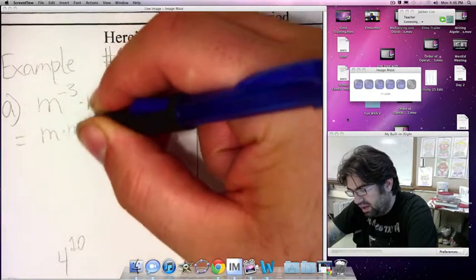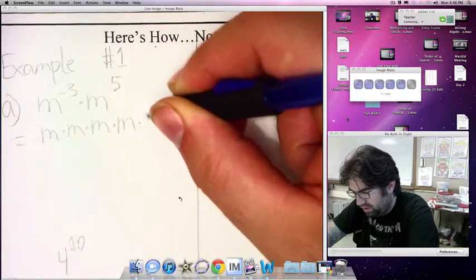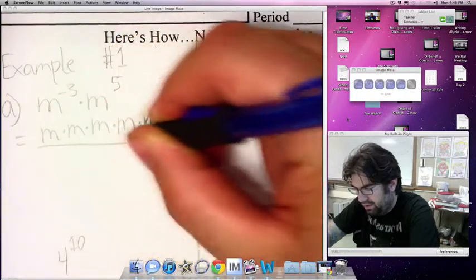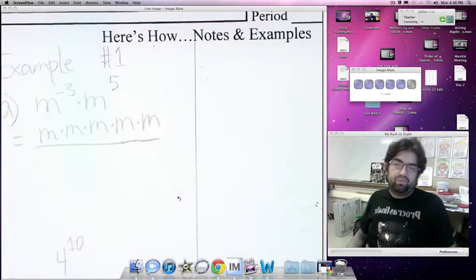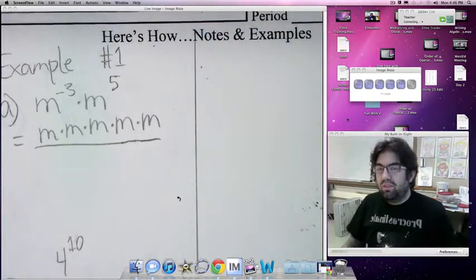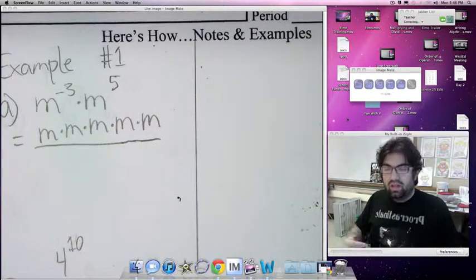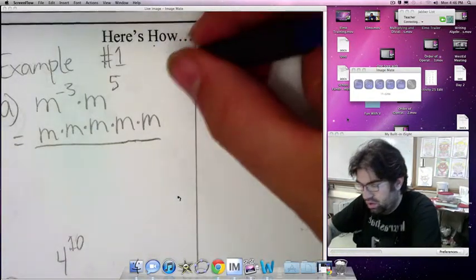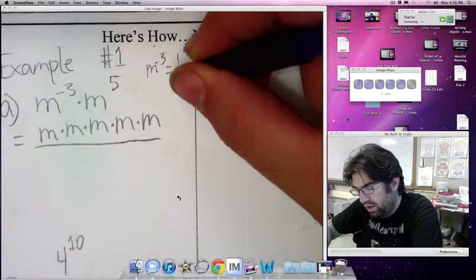M times m times m times m times m divided by. Now, I'm dividing because m to the negative third is going to turn into 1 over m to the third.